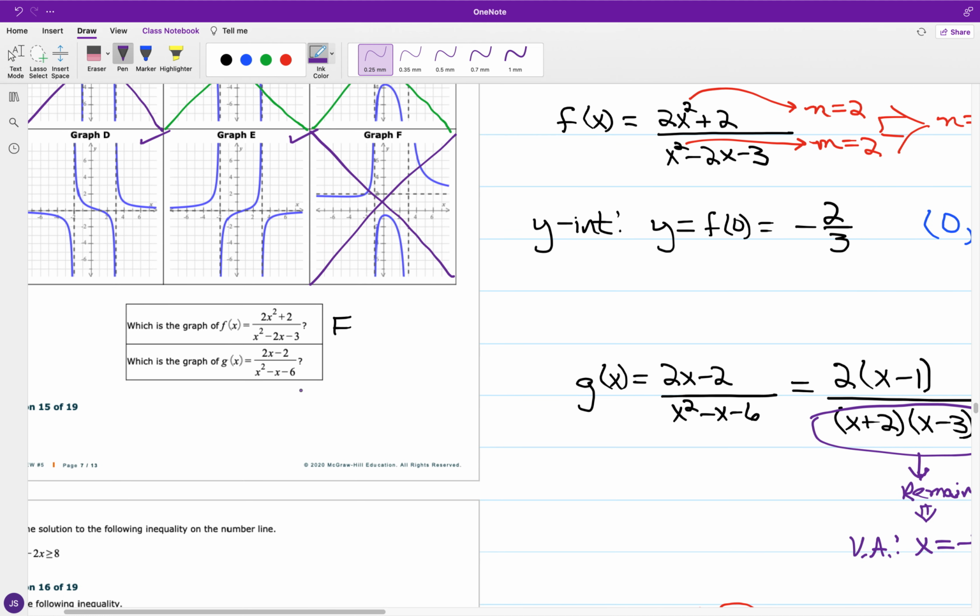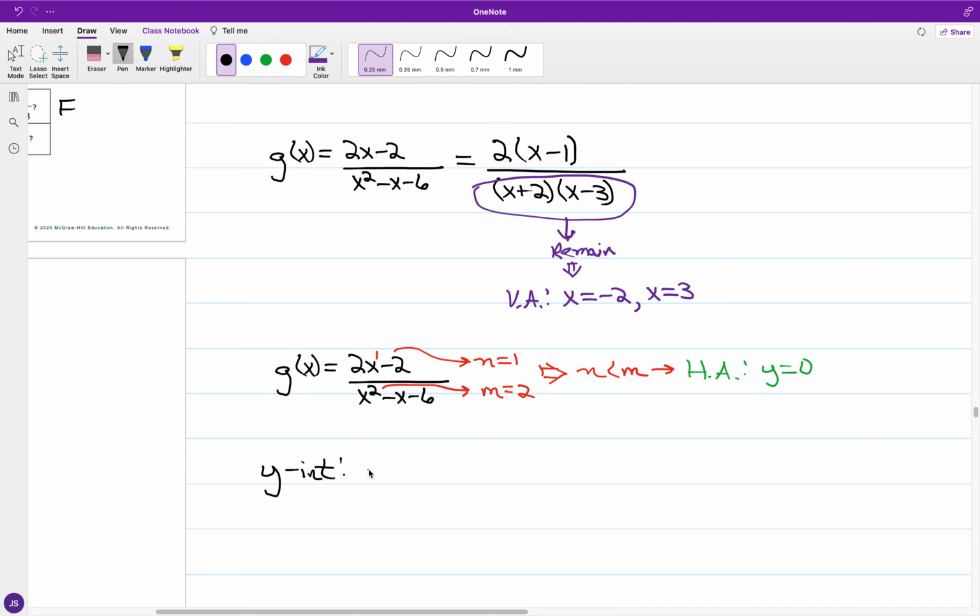Both graphs D and E had the same vertical and horizontal asymptotes. It looks like the tiebreaker is going to come down to identifying the y-intercept. So for the y-intercept, we'll have that y is equal to g of 0.